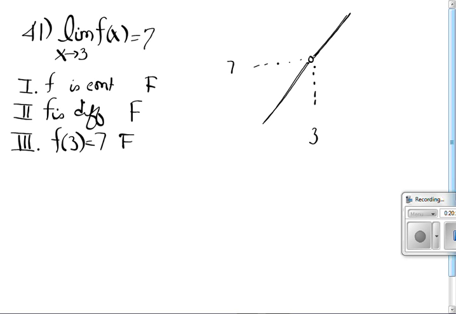Can I draw this and get to the other side without picking up my pen? No. This does not tell you that it's continuous. This just tells you that the limit as you get close to 3 from either side is 7. It didn't tell you that. The question is, is it differentiable?